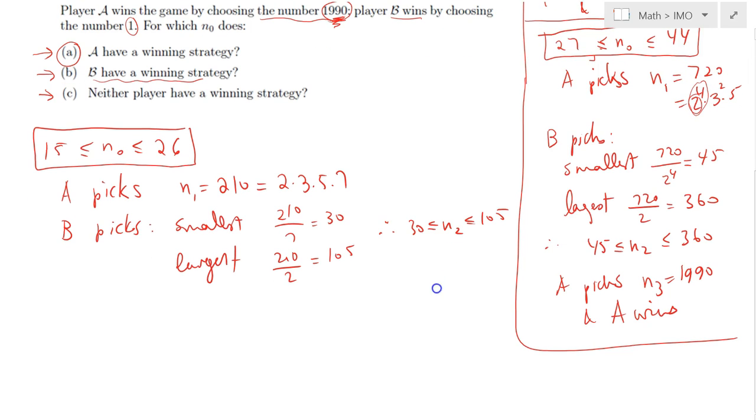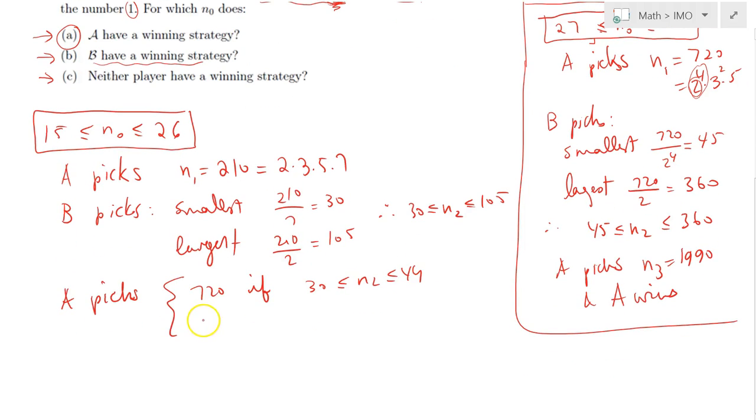And A picks 1990 directly if n2 is greater than 45 and less than or equal to 105.